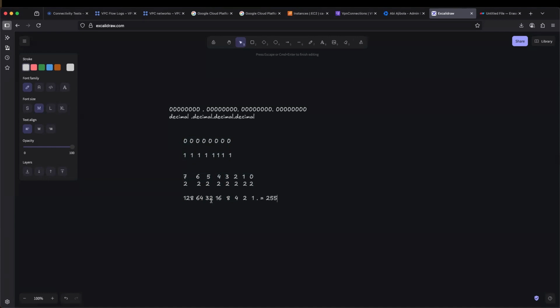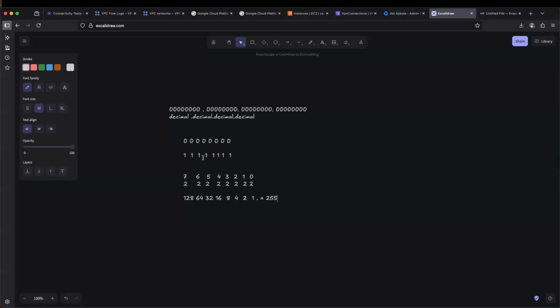Add 32, you get 224. Add 16, you get 240. Add 8, you get 248. Add 4, you get 252. Add 2, you get 254. Then the number 1 makes it all 255.